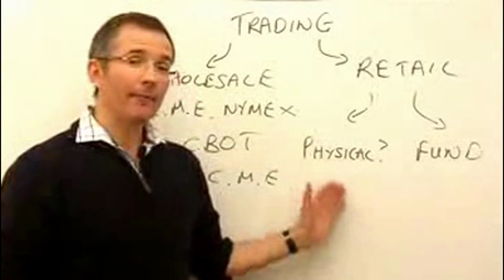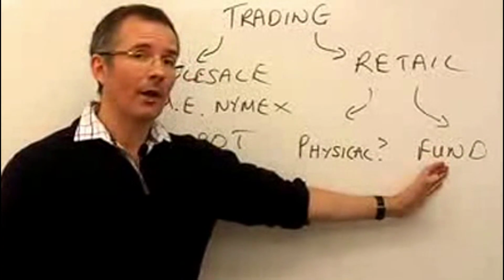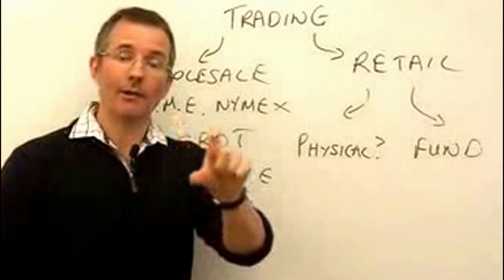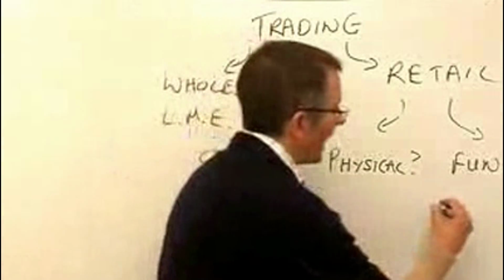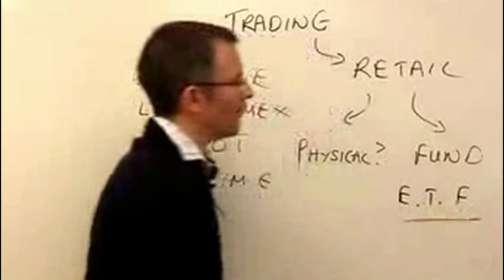So, in reality, most retail investors will go for some sort of fund, and there are funds around where either a fund manager specialises in going out and buying individual shares, perhaps linked to the commodities market, or you can get an exchange-traded fund. And at Money Week, we quite like exchange-traded funds.